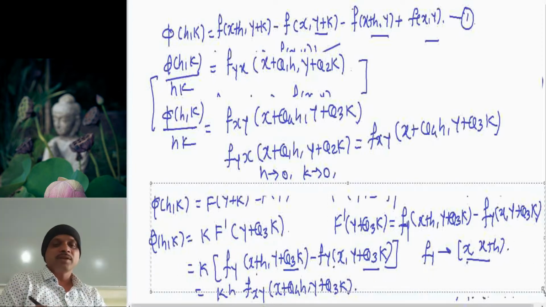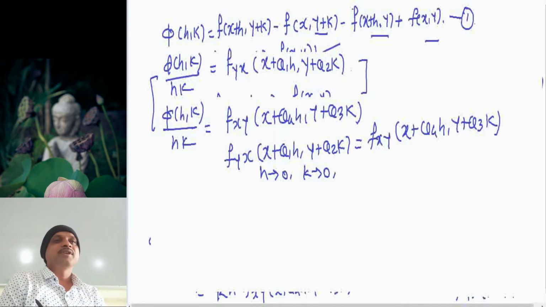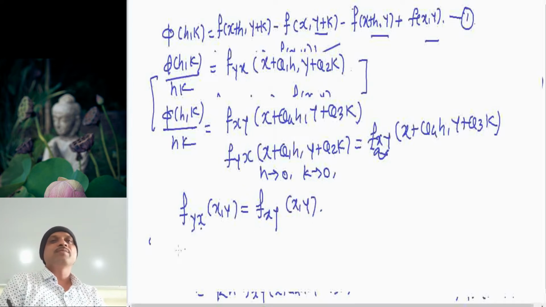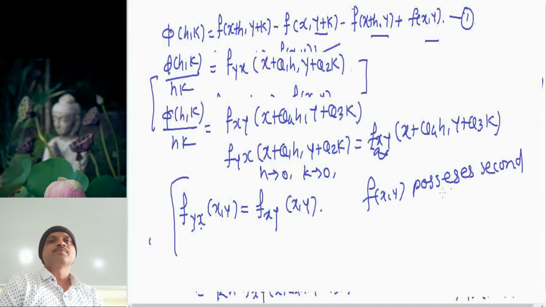That means the derivative of f with respect to x and then y at x, y is nothing but equal to the derivative of f with respect to y first and then with respect to x at x, y. So whenever this function f of x, y possesses a second order derivative, then f_xy at x, y equals f_yx at x, y.